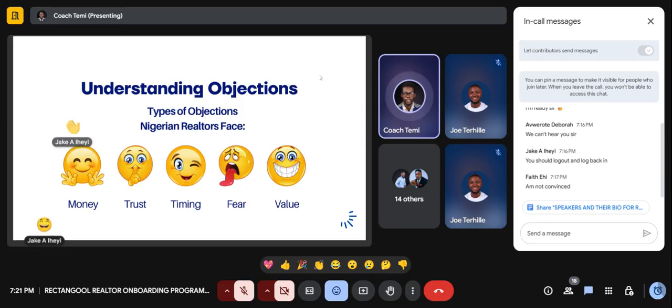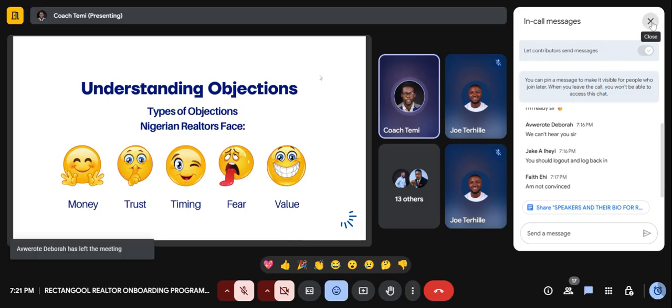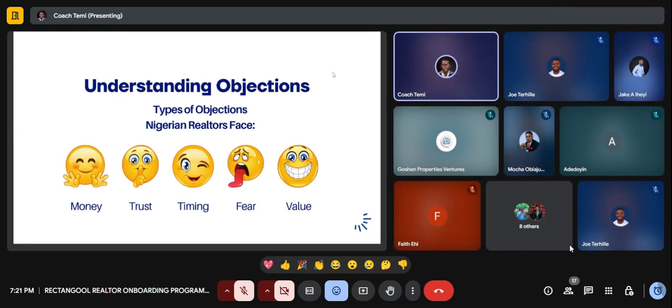All right, so we understand that, at least for this class, we have 5 types of objections that are very common to Nigerian realtors, most likely all over the world actually. We have the money objection, that speaks directly to how expensive the property or the product is.